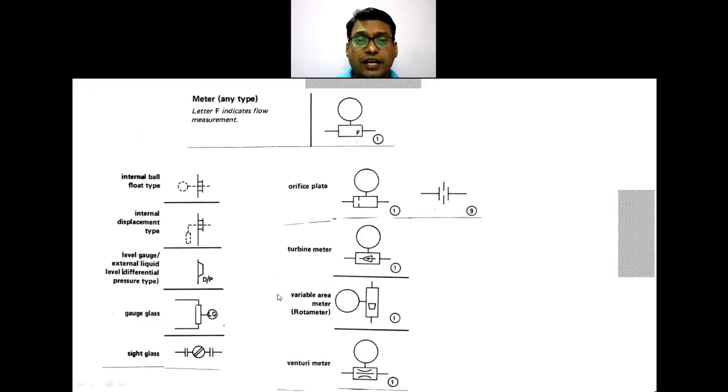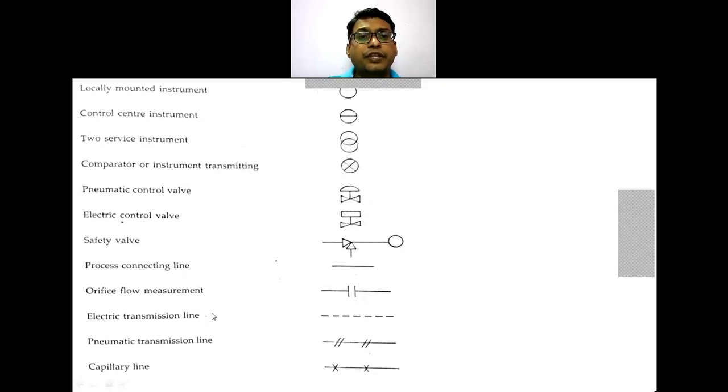In this level gauge, a circle is provided, a locally mounted instrument. Then the control center instrument is provided with a horizontal line inside a circle. Then two service instruments, where two services are provided.